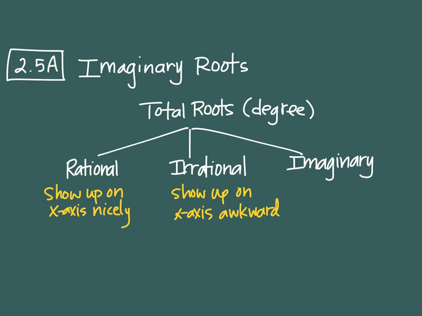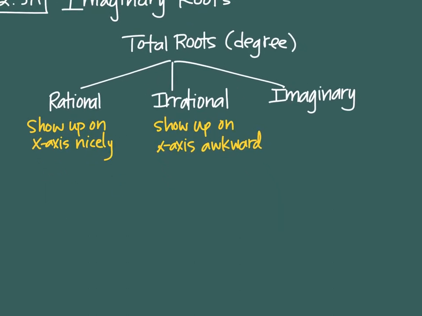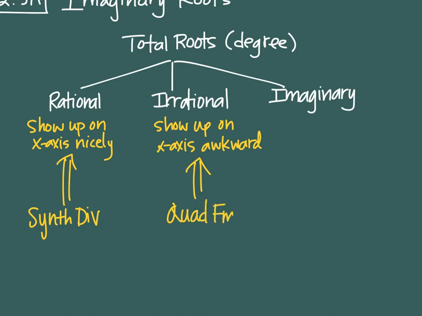So what you've been doing so far is with rational roots, you get to do synthetic division because that works out great. But for irrational, you need the quadratic formula. So that's sort of the past. That's where we've been. Those are the things that we have done.